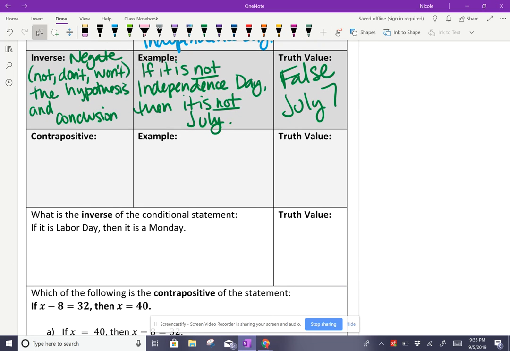Now, our last switch on this hypothesis conclusion conditional statement is the contrapositive. And the contrapositive is a mix between converse and inverse. We are going to switch our statements and negate them.